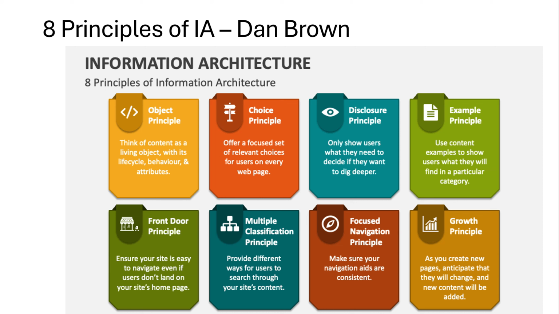So similar to other design principles we've looked at, whether that's Nielsen's heuristics or Norman's rules of UX design, it's similar in that way. So you want to think of these as somewhat abstract expectations that your information architecture will have.